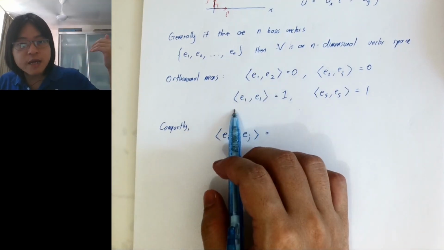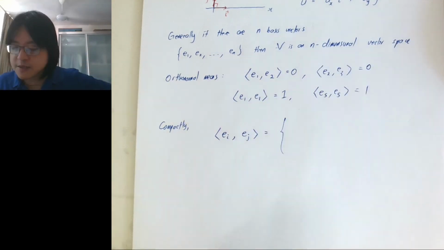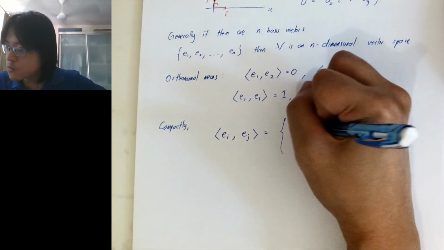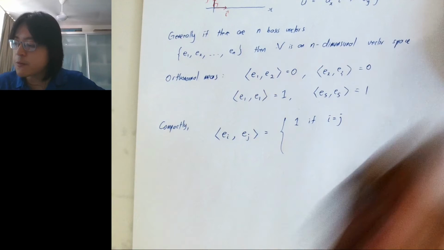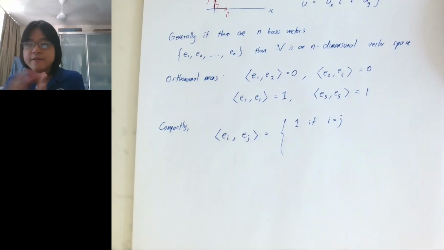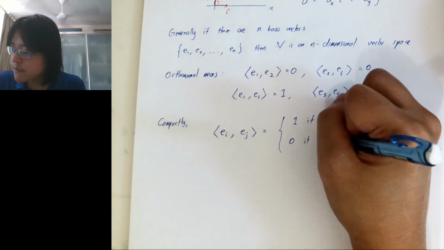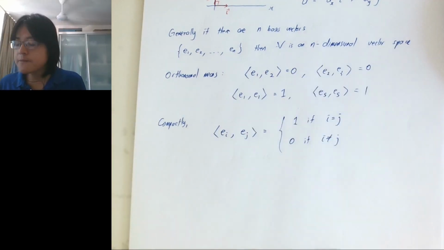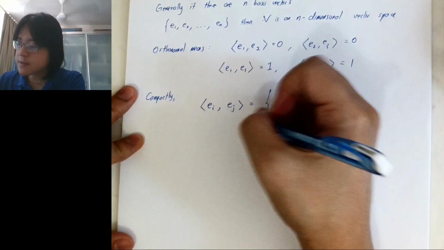If the two numbers are the same, I get 1. So there are 2 possibilities: if i equals j, whatever it is, 1, 1, 2, 2, 3, 3, it's 1. But if the two numbers are different, if i does not equal j, it's 0. We call this the Kronecker delta.